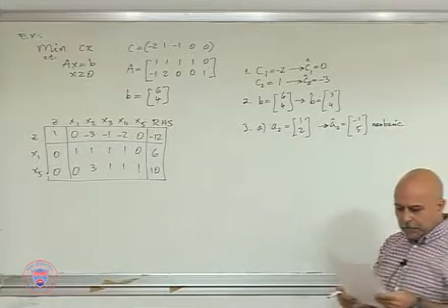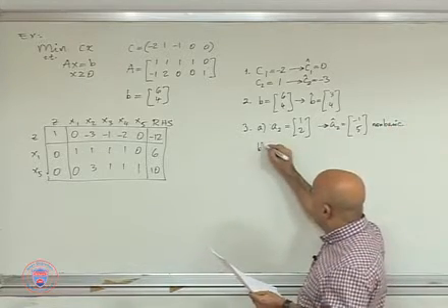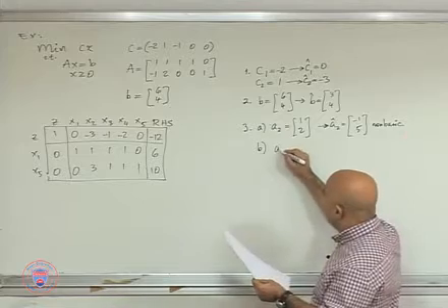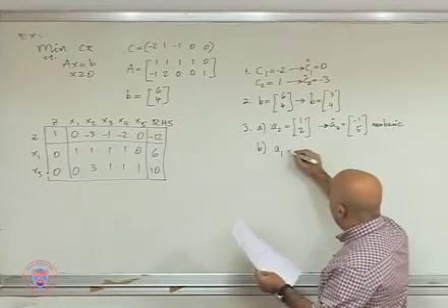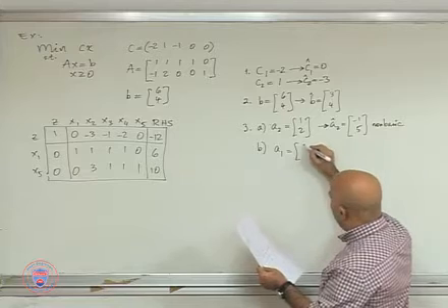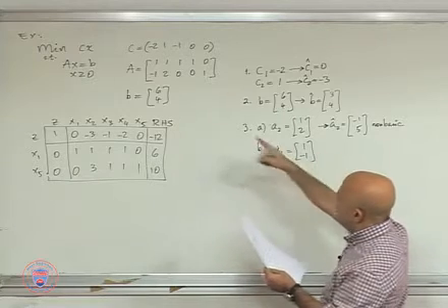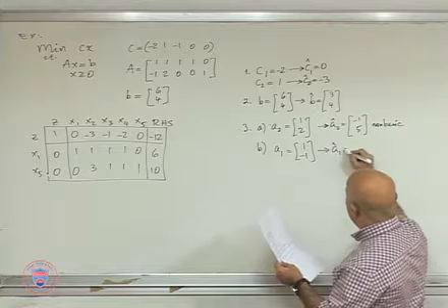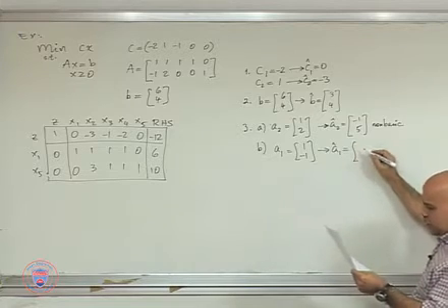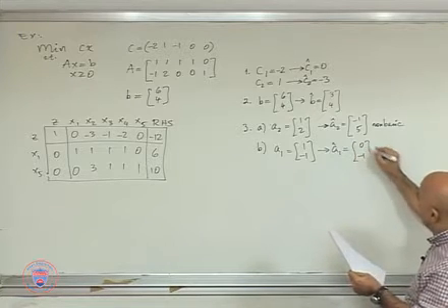Okay? In part B, I'm going to take A1, which is a basic column, and it used to be 1, -1 in the original data. Now, we'll assume it is changed into 0, -1.